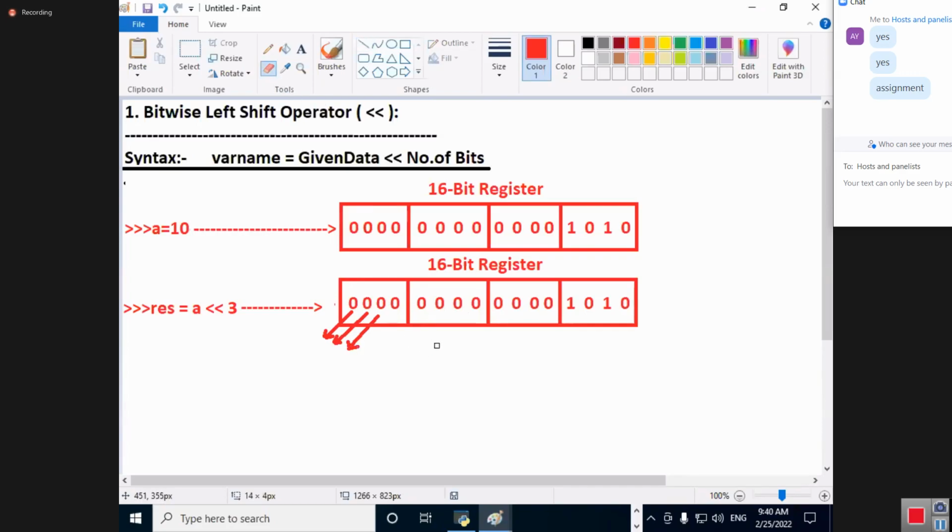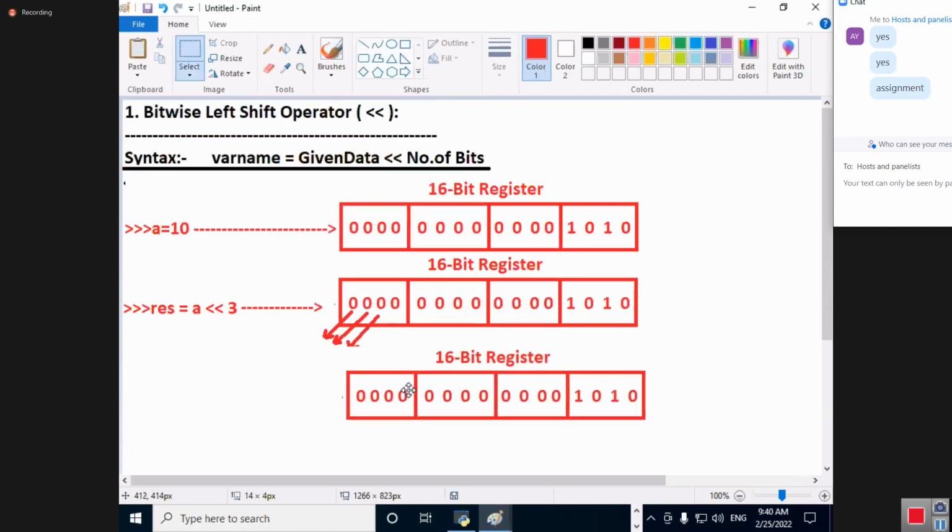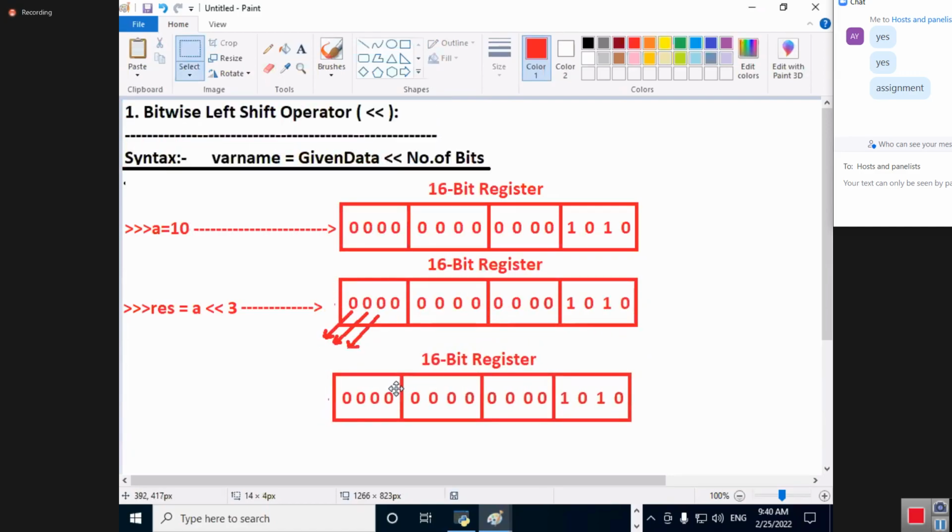Once 3 bits are moving, which side are these bits moving? Left side. Once I remove 3 bits from the left side, just imagine how the diagram looks. 3 bits are shifting out. These bits are removed. 4 bits are there totally.